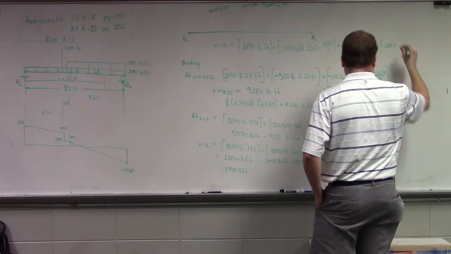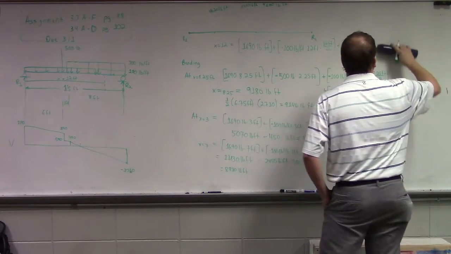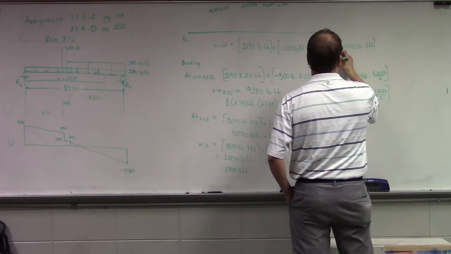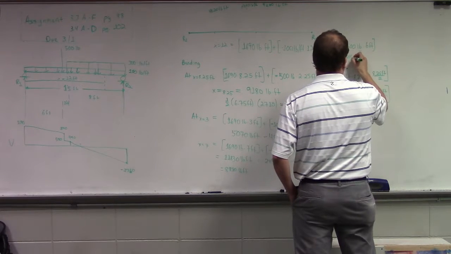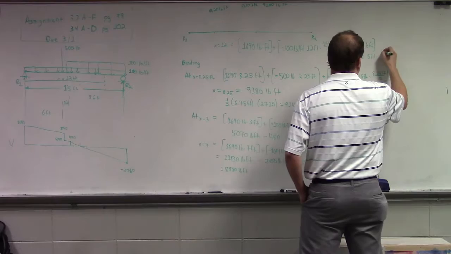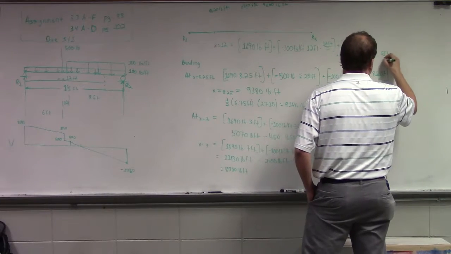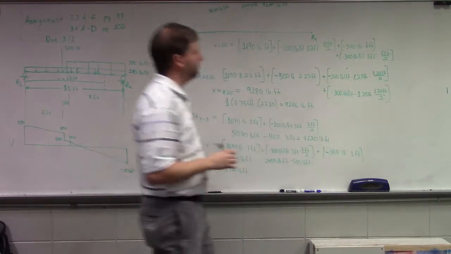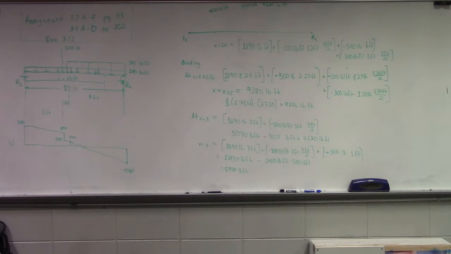And we're at 12, so it's 300 times 5 then? Right? Oh, yeah.